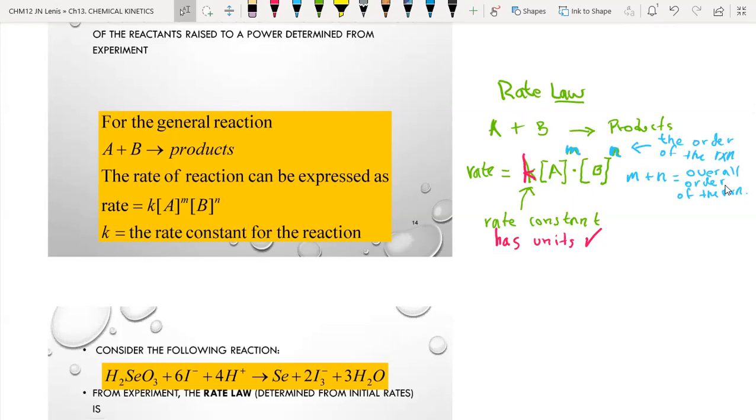M plus N gives you the overall order of the reaction.